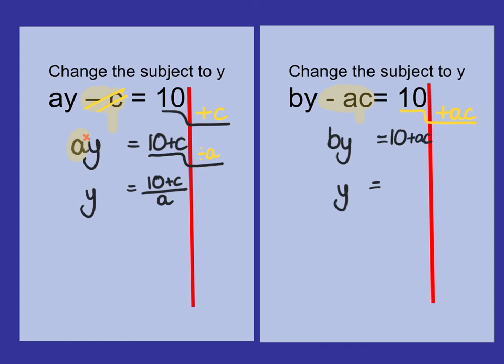Next bit, remember if you've got two letters together, there's a times missing between them. And I need to make the times by b bit go away because that's not in the next line. So the opposite of times by b is to divide or share by b. So we have to do 10 plus ac shared by b.